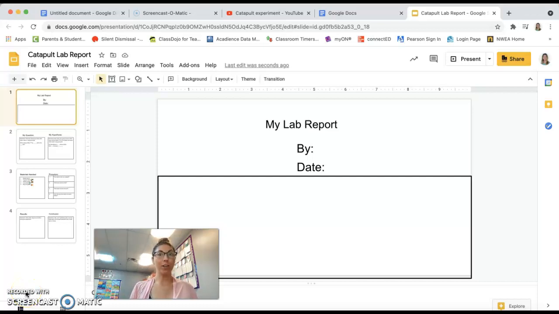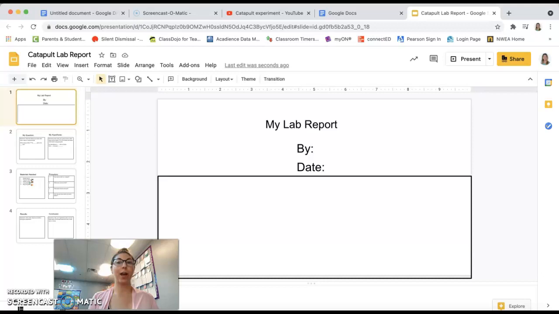Now that you've watched the experiment to review it, you're ready to move on to the next part, which is writing your lab report. If you have a physical copy, that means a paper copy of the lab report, it's going to look something more like this. You're still going to be writing something very similar to what I ask people who are using a computer or digital copy.